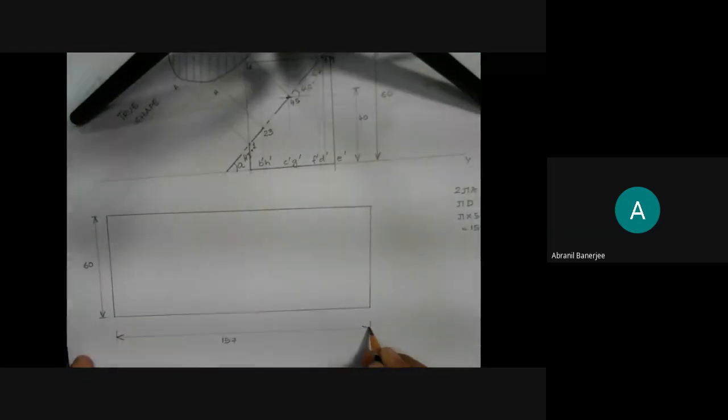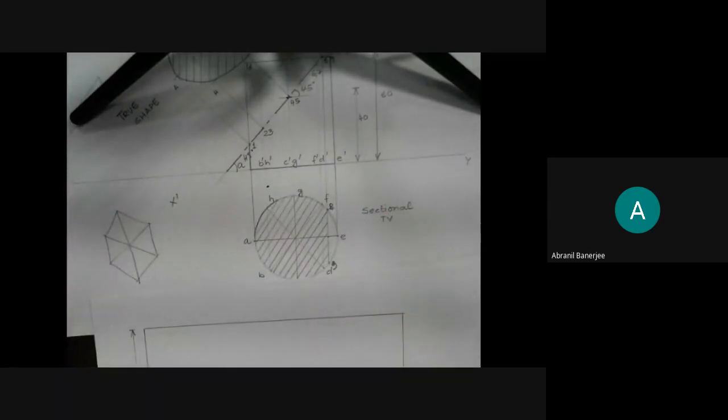This is 60 and this is 157. Any problem with this? What I have done is I have opened the cylinder wherein I have got a rectangle of 60 by 157. Any confusion? Yes or no? No, sir. Let us go ahead.